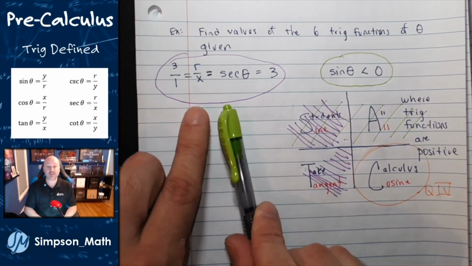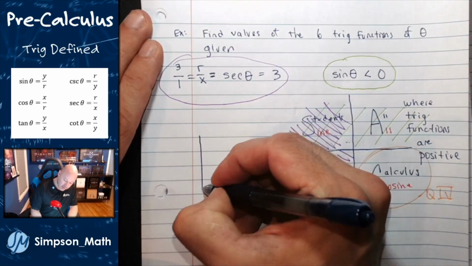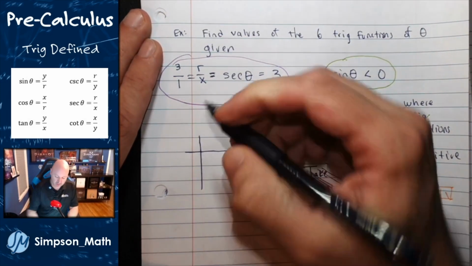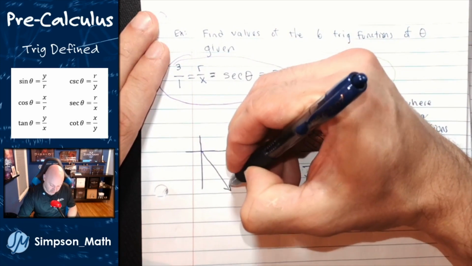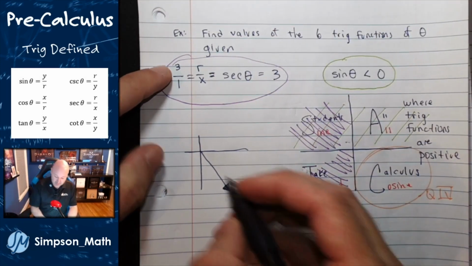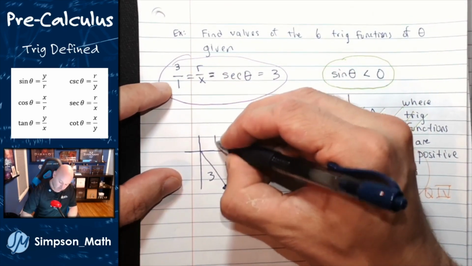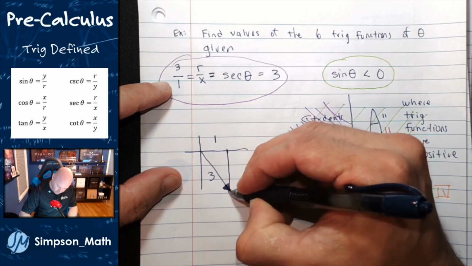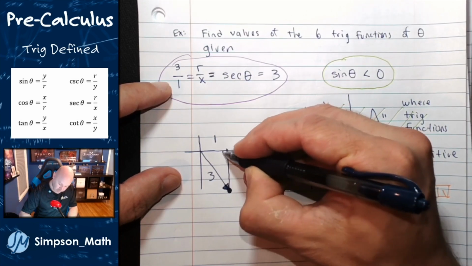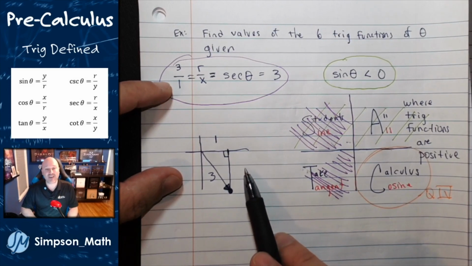Okay, so when I start to talk about this information, I think I'd like to start by drawing a ray pointing in quadrant 4. I've said the radius is 3, the x value, a good one would be 1. Draw a right triangle. I need to know the y value.